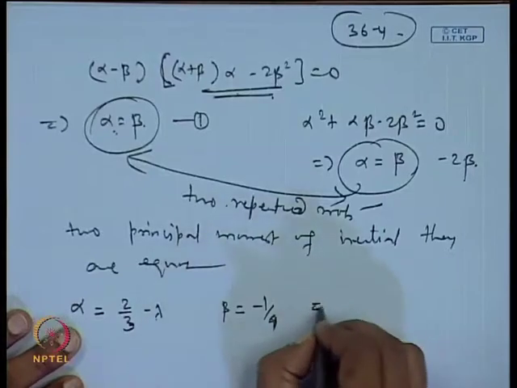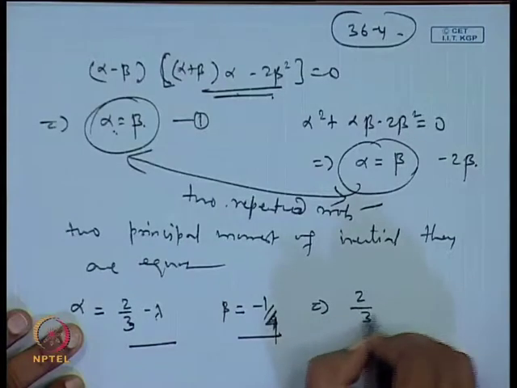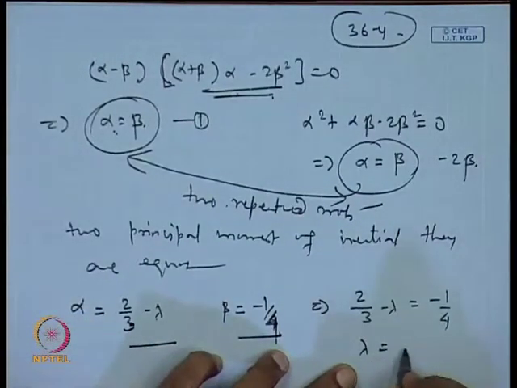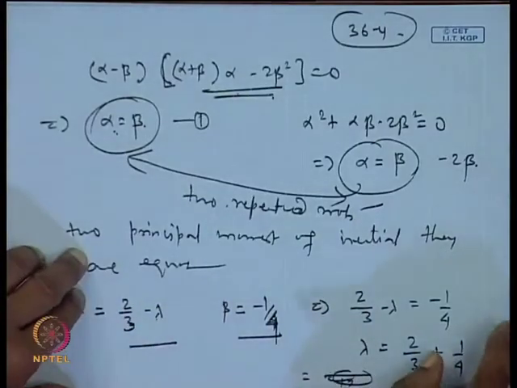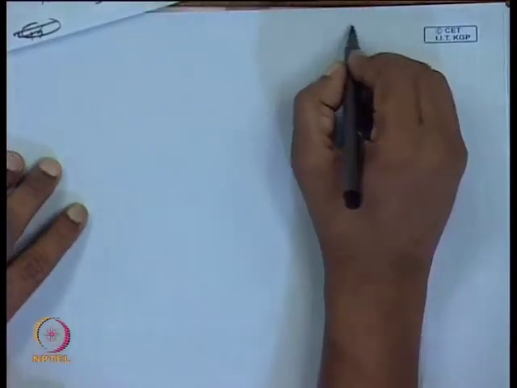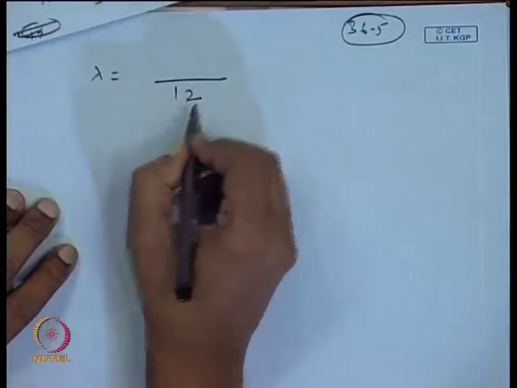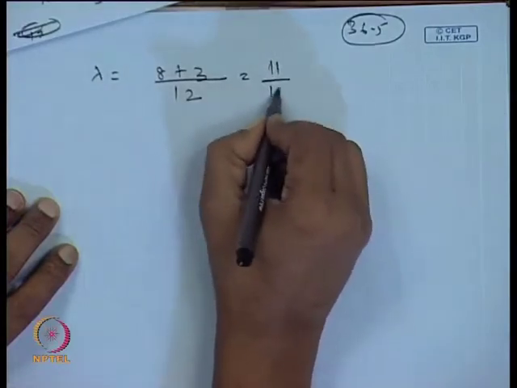So, these two imply that 2 by 3 minus lambda equal to minus 1 by 4, and lambda equal to 2 by 3 plus 1 by 4, so this we get as 11 by 12.